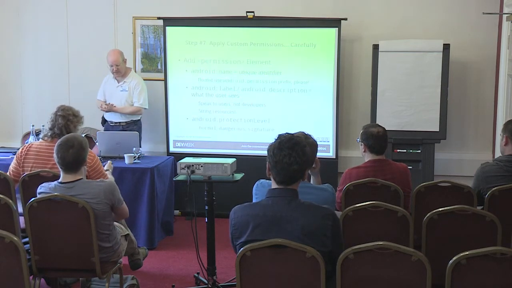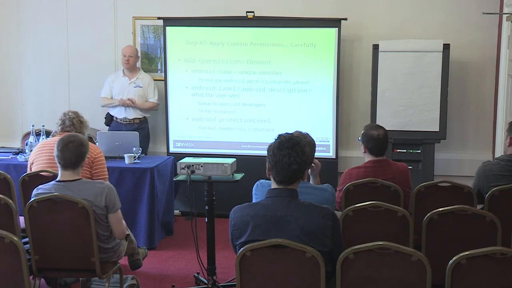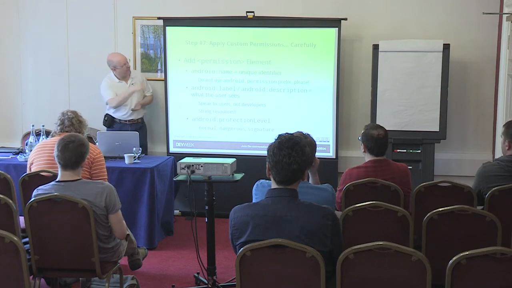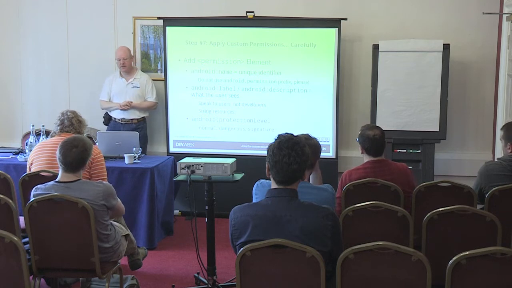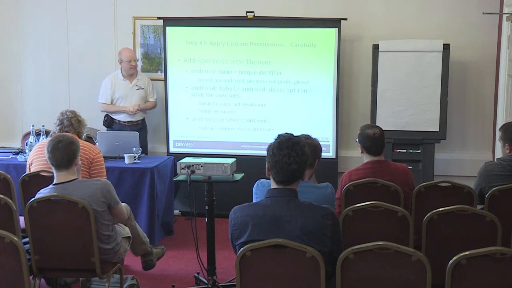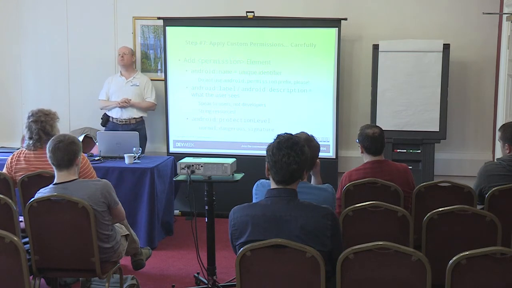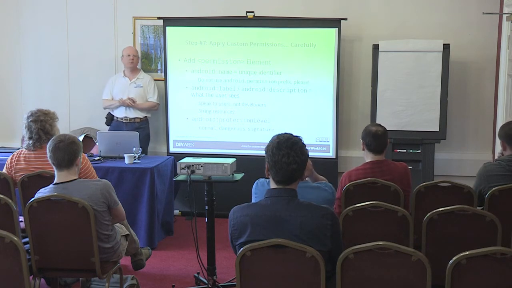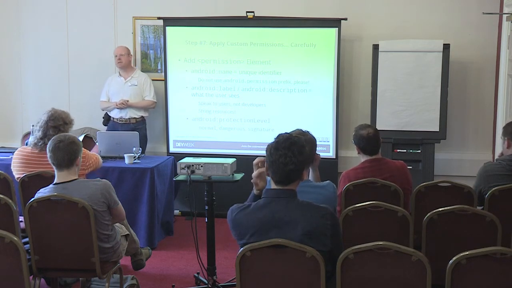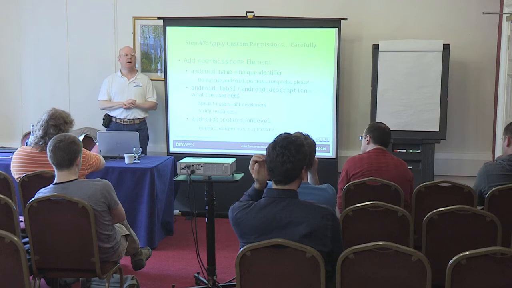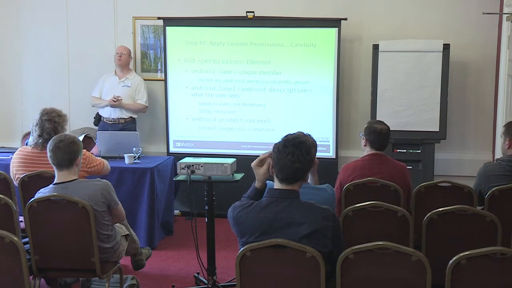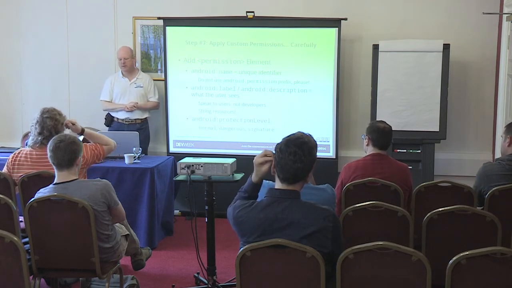You can take that another step further and invent your own permissions. You can have permission elements in your manifest, where you give the permission a name. Please don't use the android permission prefix on it, and make sure that your permissions aren't going to collide with anyone else's, let alone ones that Google comes up with in the future. Namespace it for your own project, please. Use a reverse domain name, the same sort of thing you'd use for your packages.